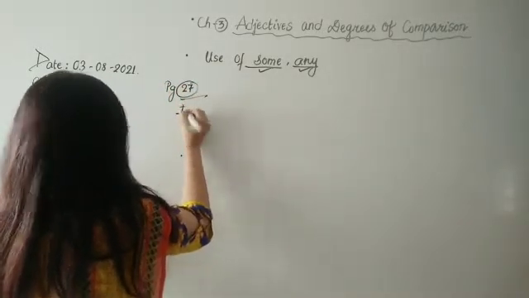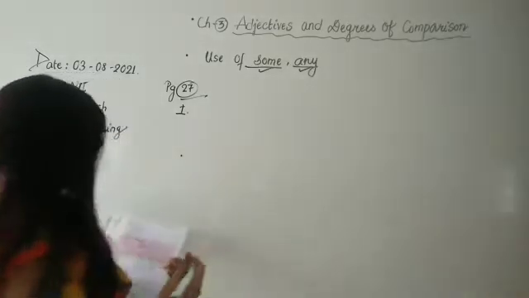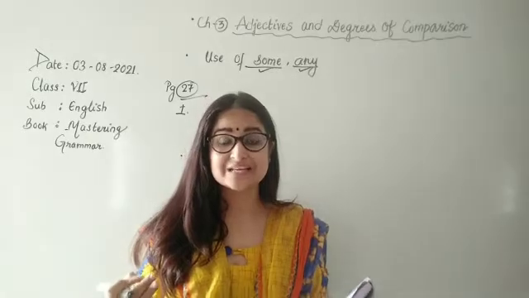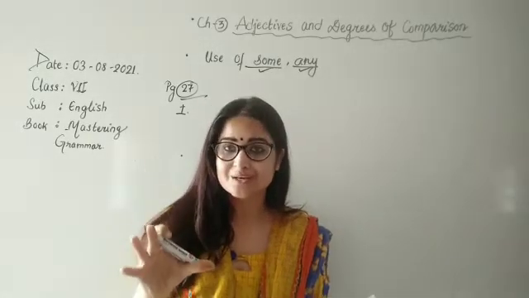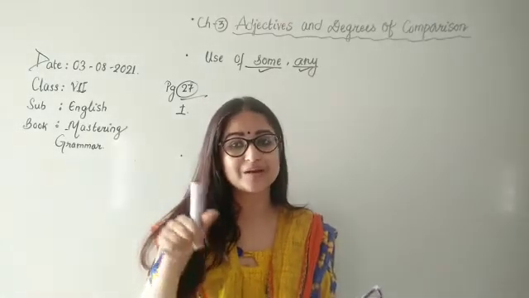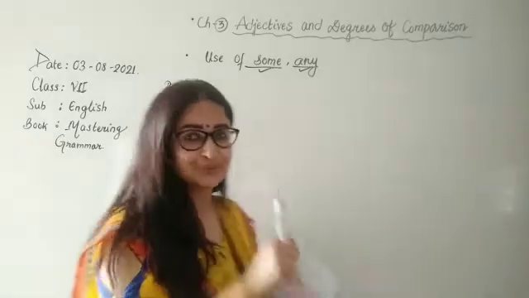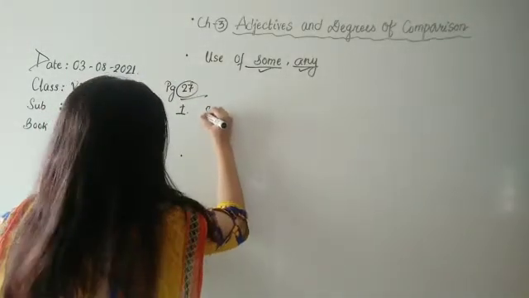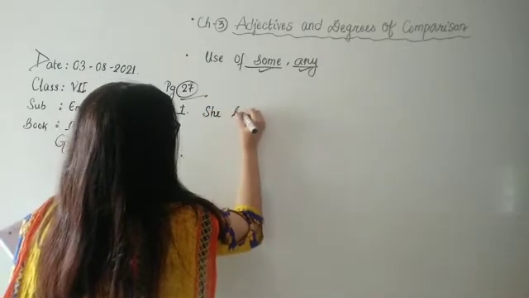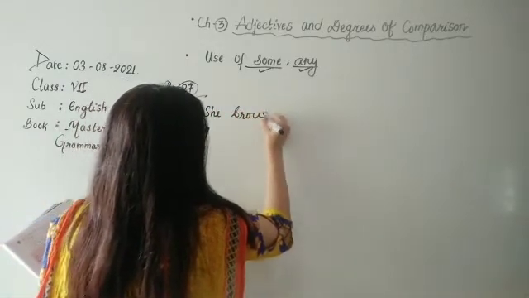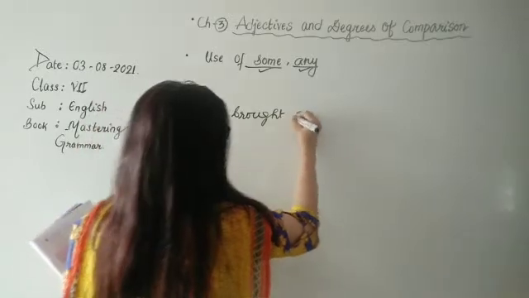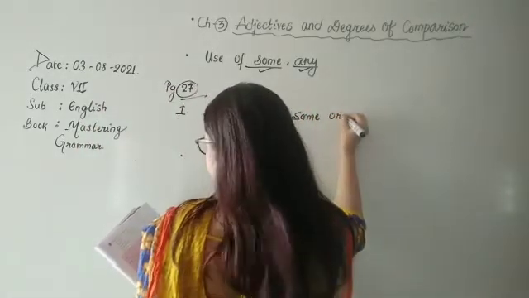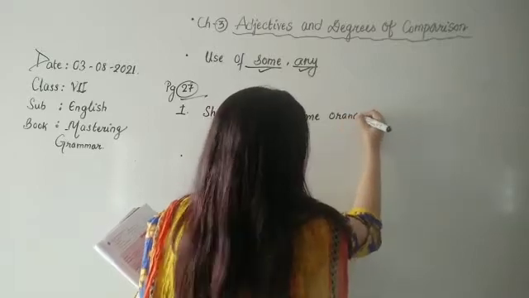We are doing exercise I. She brought, now see it's in affirmative sense. She has brought. So what did I tell you when we are using affirmative? I told you we are going to use some. So she brought some orange juice. Yes, some orange juice only.